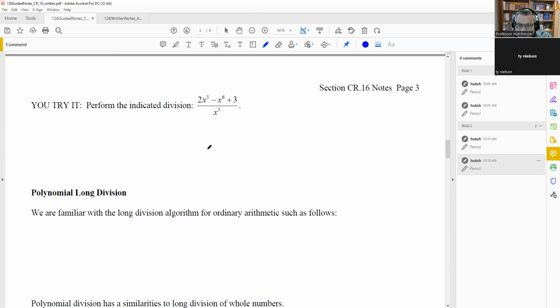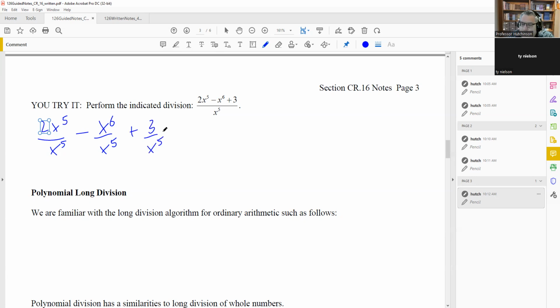Go ahead and write this out. Everything on top, we're going to divide by x to the 5th. So we'll just do that for each one. Okay, and now we want to simplify that.